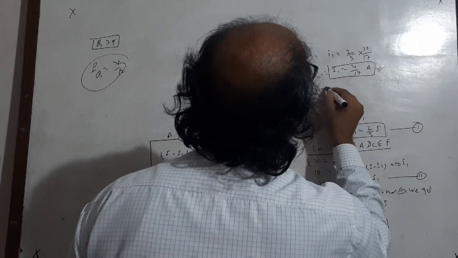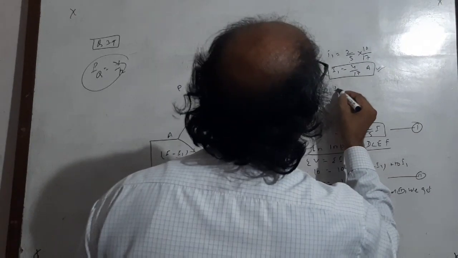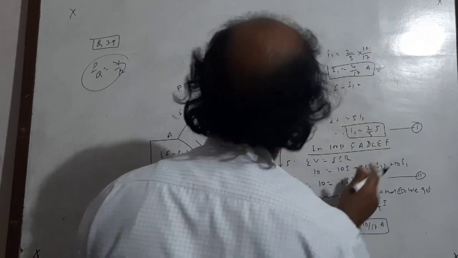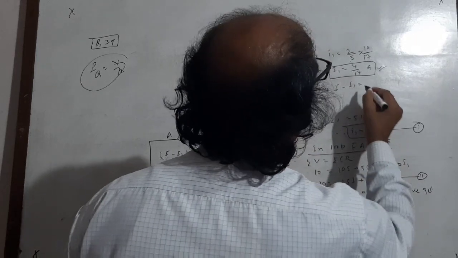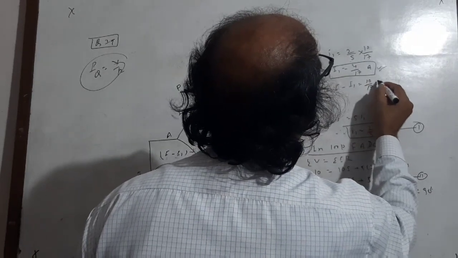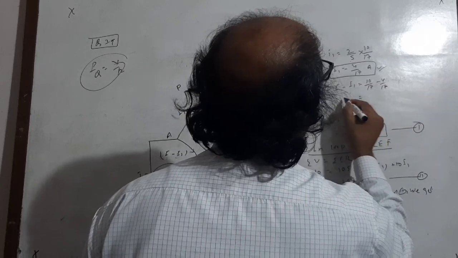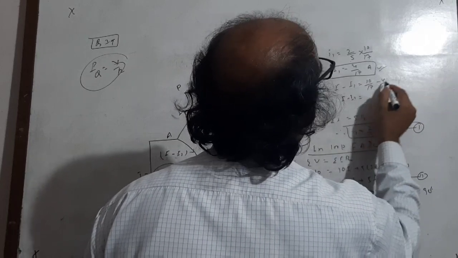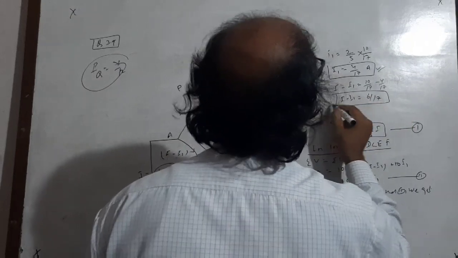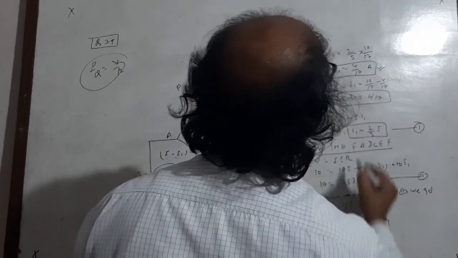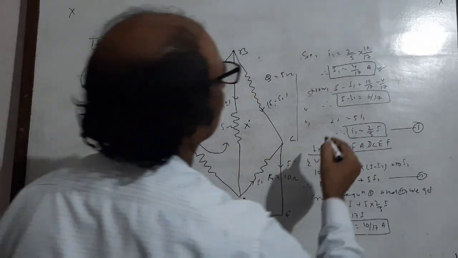Now the current in branch AD or through X is I minus I1, so 10 by 17 minus 4 by 17. So this one, I minus I1, equal to 6 by 17. This is the third current. So this one is the first, second, third.